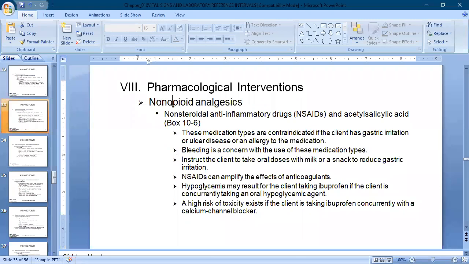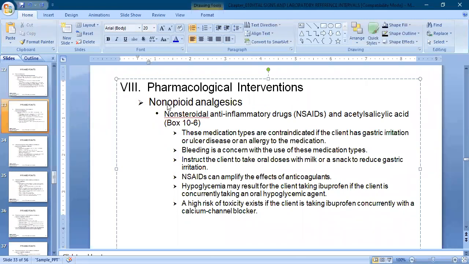Non-opioid. There are two types of pain medication, opioid and non-opioid. Non-opioids do not have any chance of addiction or side effects, but with opioids there is a chance of addiction or other side effects.